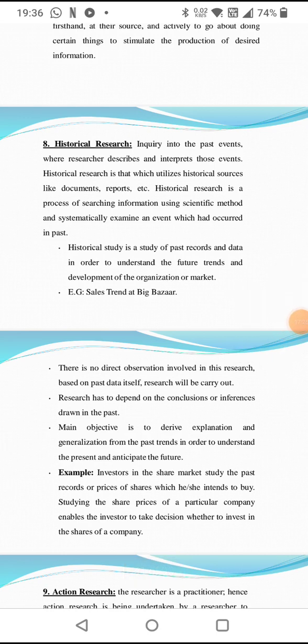Coming to historical research. Inquiry into the past events where the researcher describes and interprets those events.